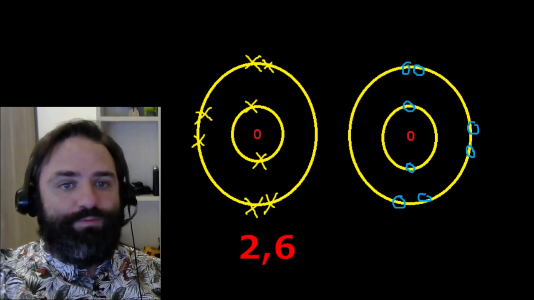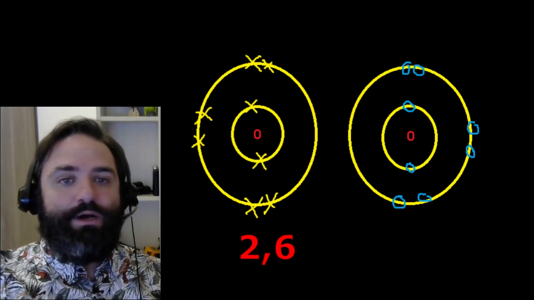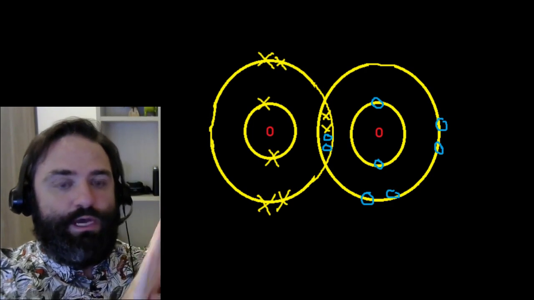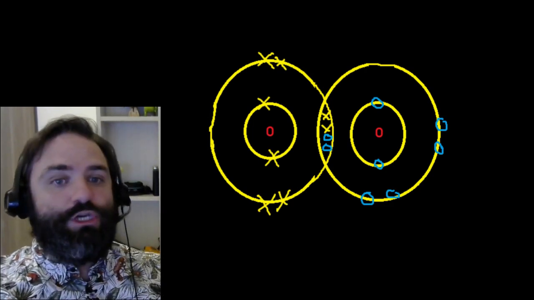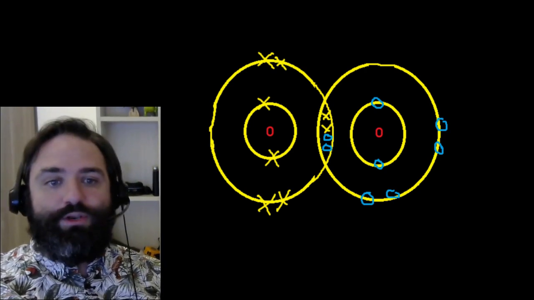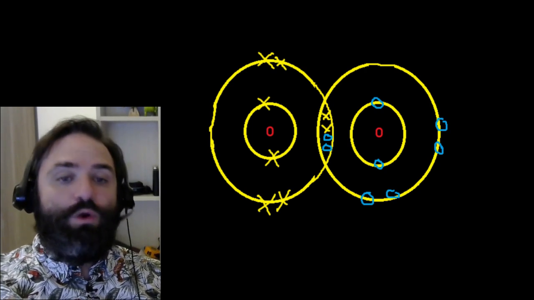So what we can do is they share, their outer shells overlap, and these electrons are shared between both oxygens. In this example, this is a double covalent bond, as shown here, because each covalent bond is one shared pair of electrons, and there are 2 pairs here.